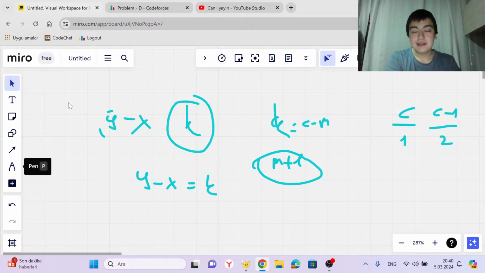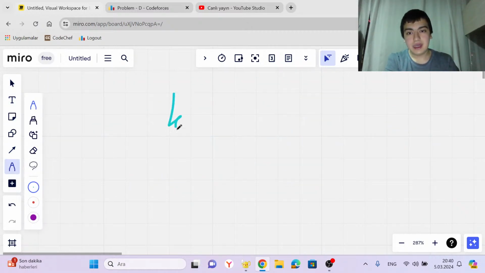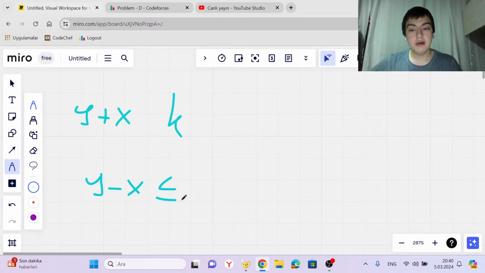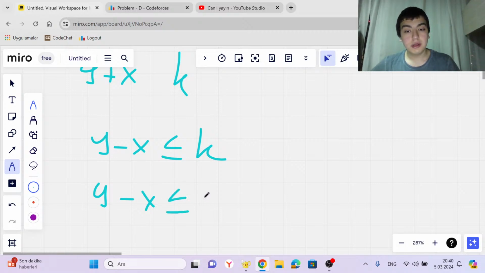Okay, let's look at the other case, I mean choosing k as y plus x. In this case, we know that y minus x should be smaller than or equal to k, and also y minus x should be smaller than or equal to 2c minus k.